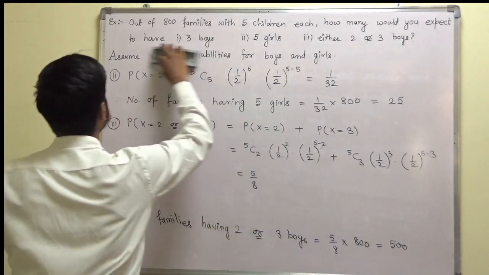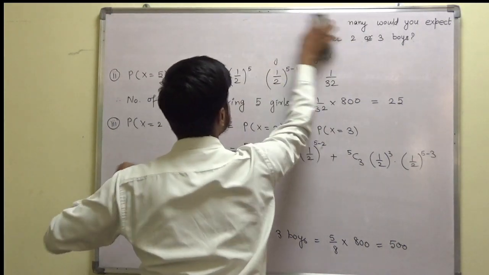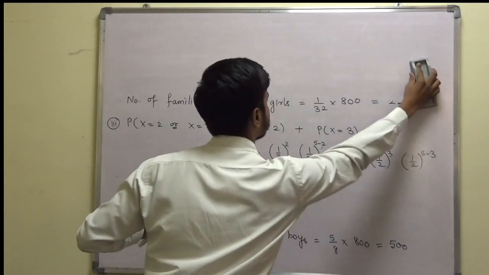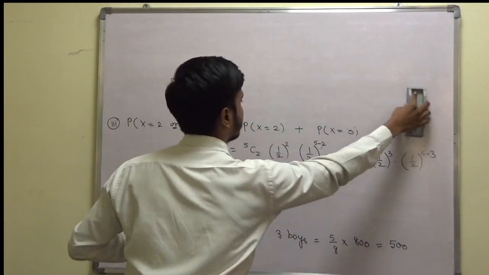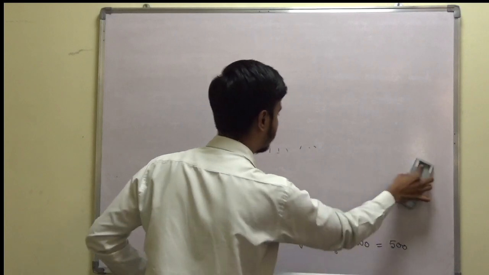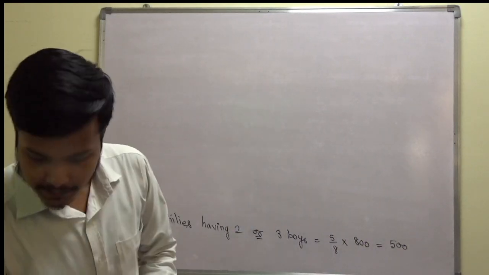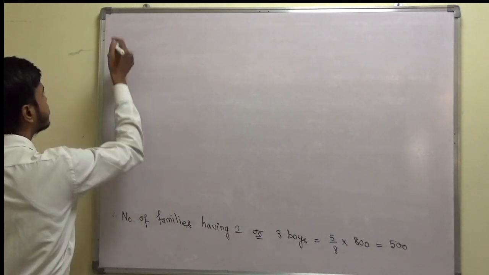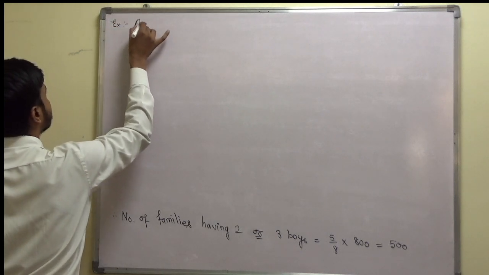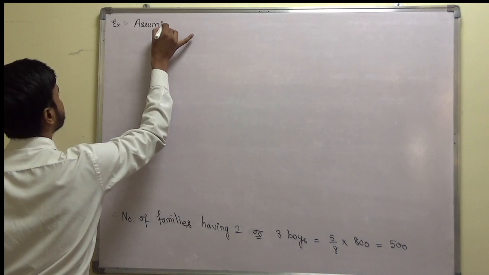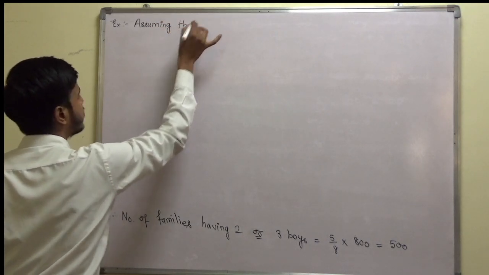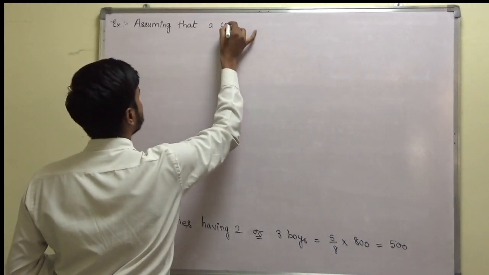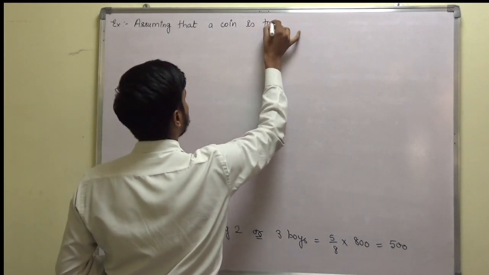Okay, now let us take one more example on this. Assuming that a coin is tossed 4 times.